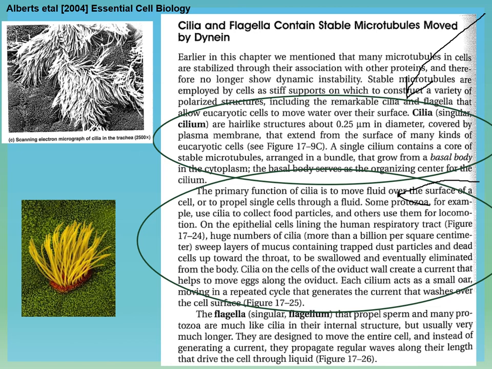On the epithelial cells lining the human respiratory tract, huge numbers of cilia, more than 1 billion per square centimetre. What? 1 billion per square centimetre? That's insane. Sweep layers of mucus containing trapped dust particles and dead cells up towards the throat to be swallowed and eventually eliminated from the body.